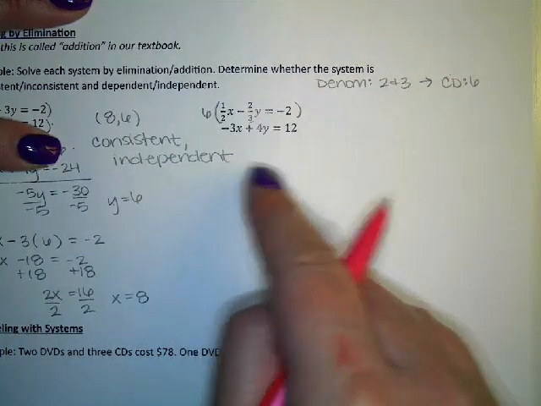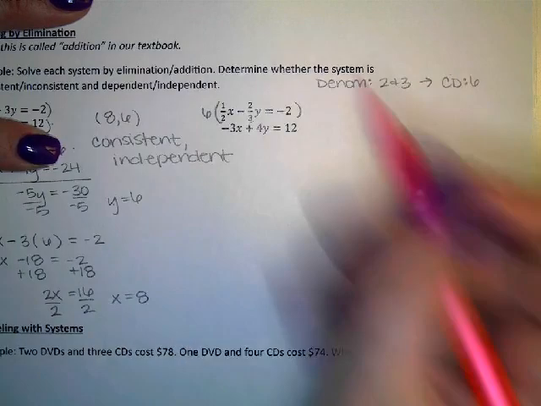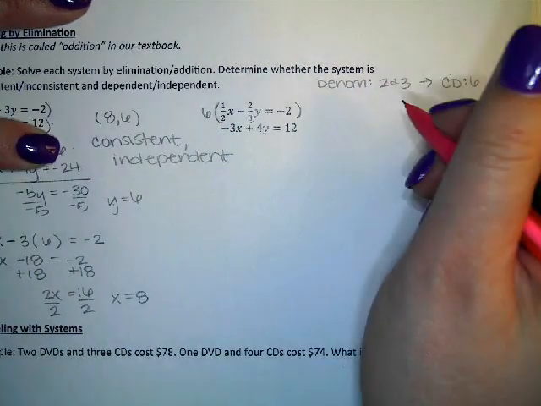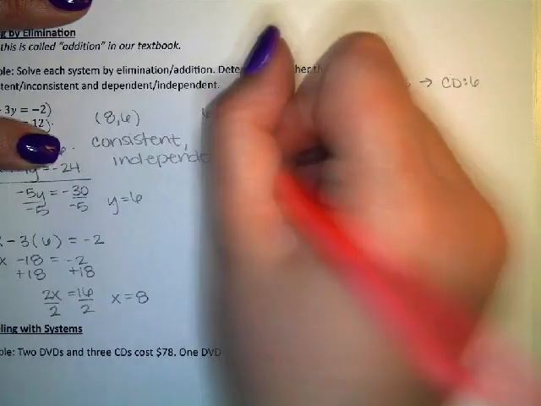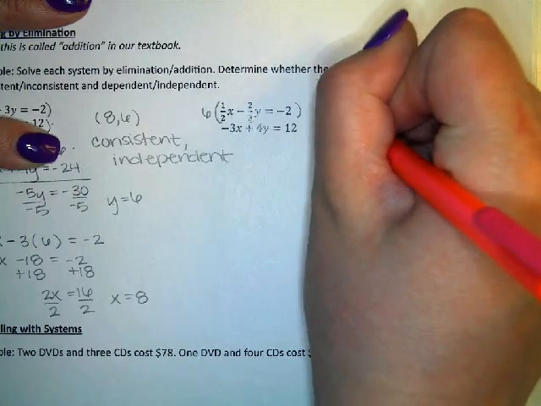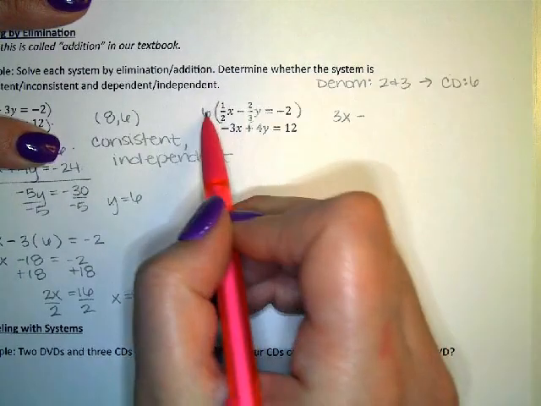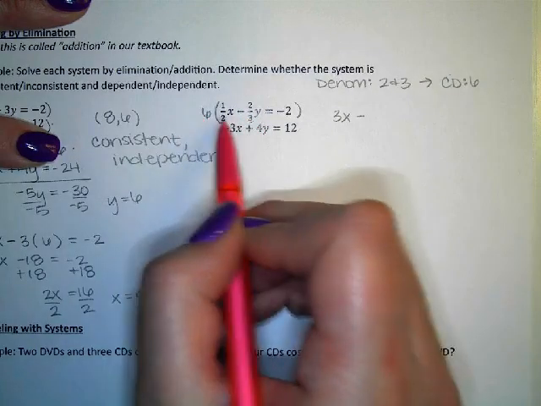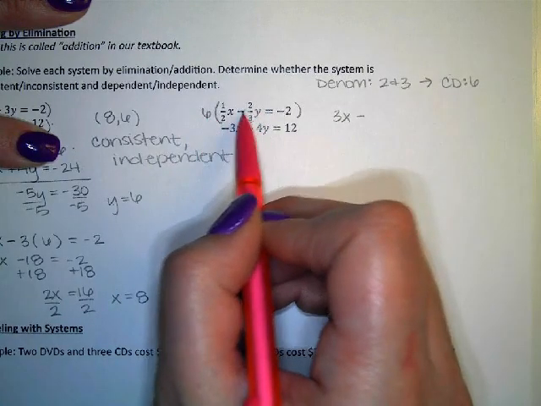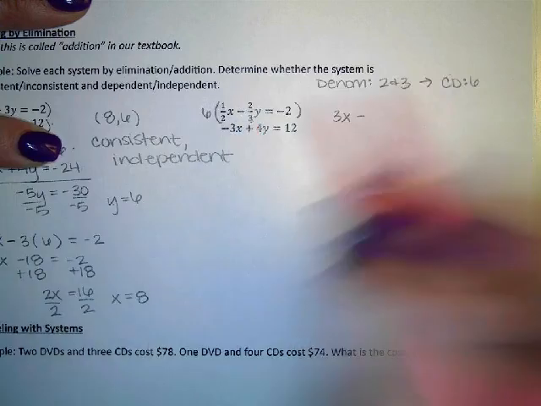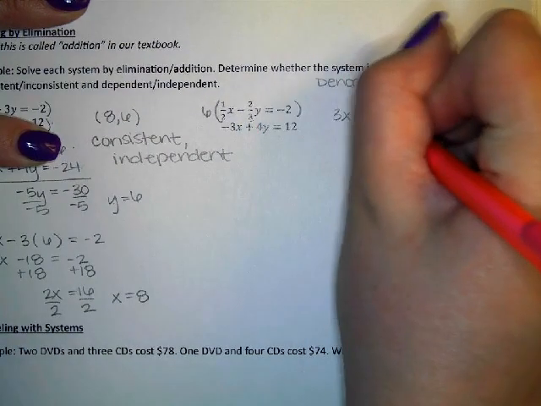So I've got 6 times 1/2 is 3. 6 times negative 2/3, that would be 6 times negative 2 is negative 12. Negative 12 divided by 3 is negative 4. 6 times negative 2 is negative 12.